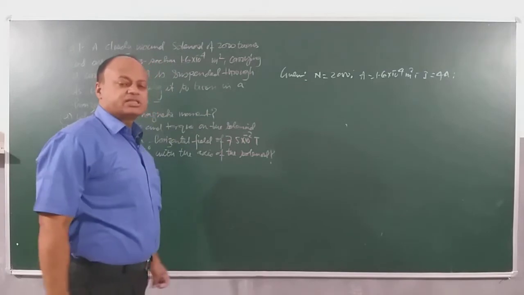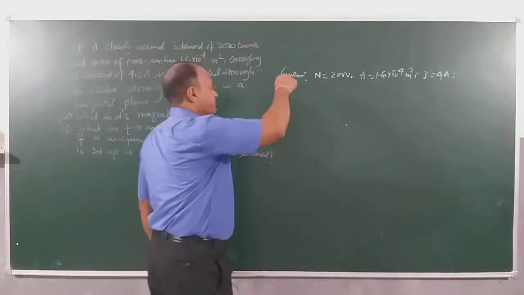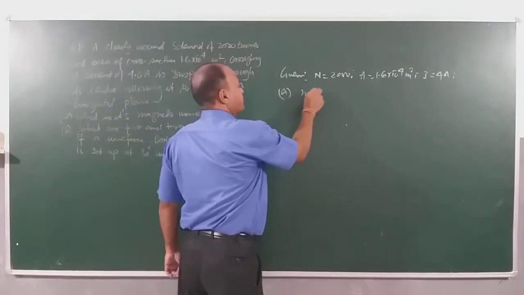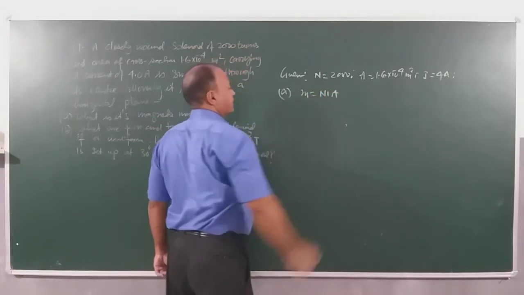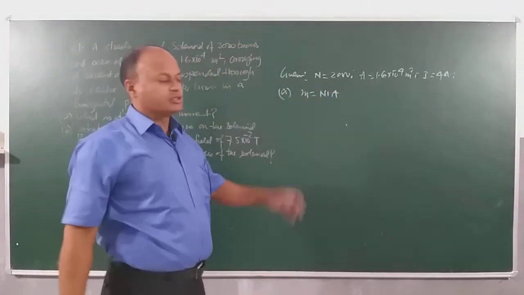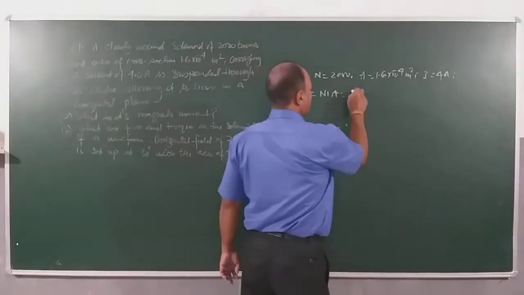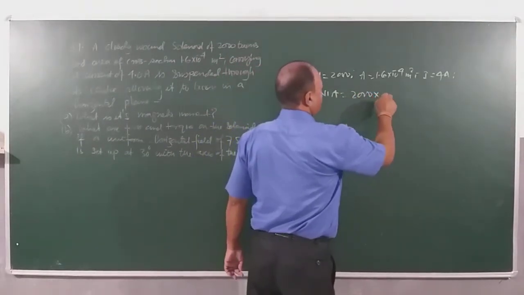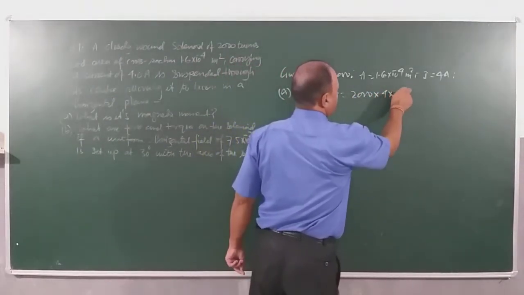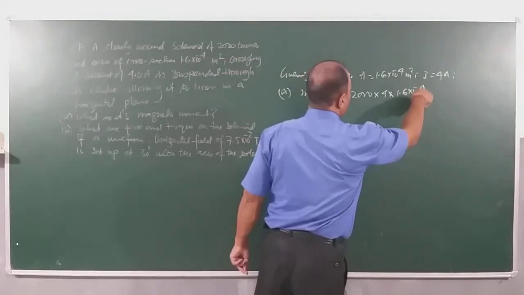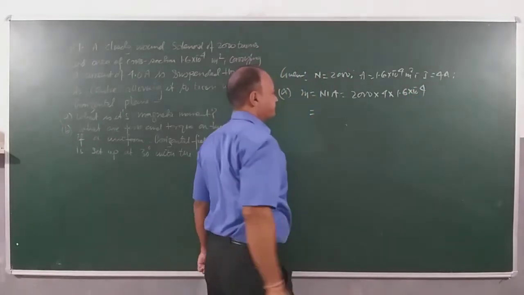First thing you have to calculate is the magnetic moment. M is equal to, children, NIA. You just have to substitute the values and do simple calculation. So this is 2000. I is how much? 4. A is 1.6 into 10 to the minus 4. Clear?